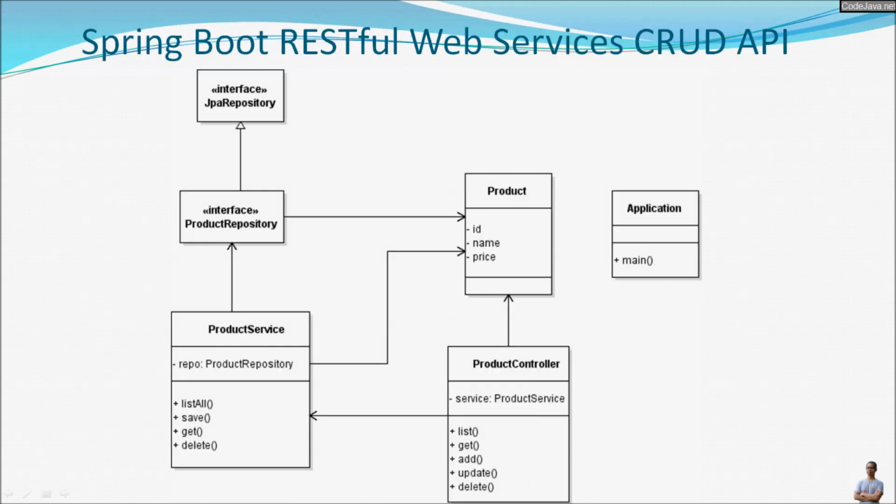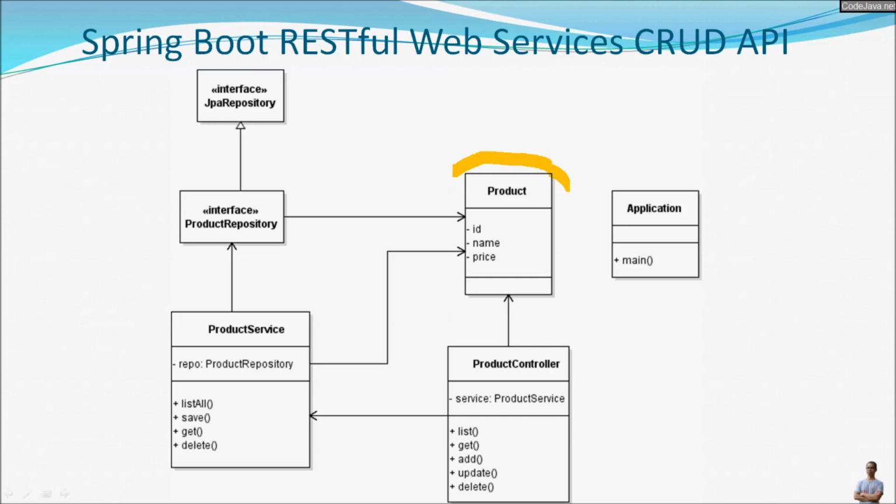And this class diagram helps you understand the main Java interfaces and classes which we code throughout this project. We develop RESTful Web Services API for the CRUD operations on product table in the database.